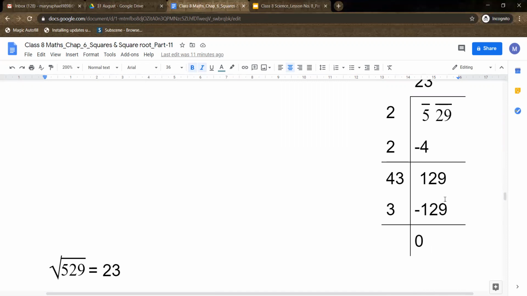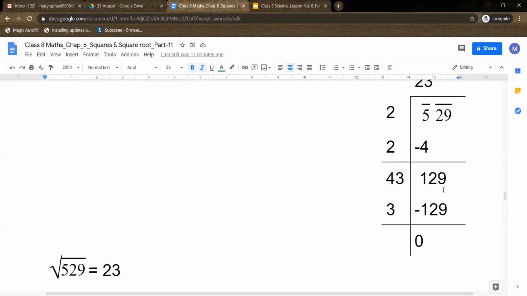Now there is one more way to find this digit 3, getting the new digit 3. See the last digit of this dividend, 9. We learned in the properties of squares that if a number has the last digit 3 or 7, and you find the square, it will have 9 in the units place.